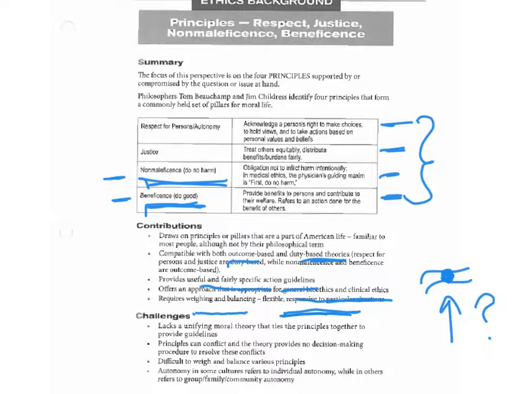Once you have your agreed-upon set of principles, you can ask yourself, are my actions consistent with these principles? If they're not, that gives you an idea of what you should and should not do. This is one of the benefits of using principles-based ethics as opposed to other approaches.